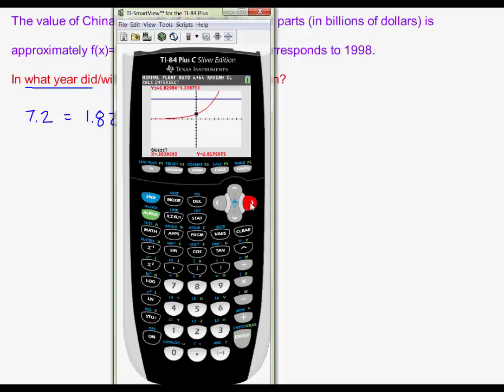It wants me to trace over to where I guess that they intersect. But it turns out you can be a bad guesser and just press enter. And since there's only one intersection on my screen, it'll find the one I want. So we get the same answer as before of x being approximately 4 units. Approximately 4 units since 1998, exports are exactly $7.2 billion.